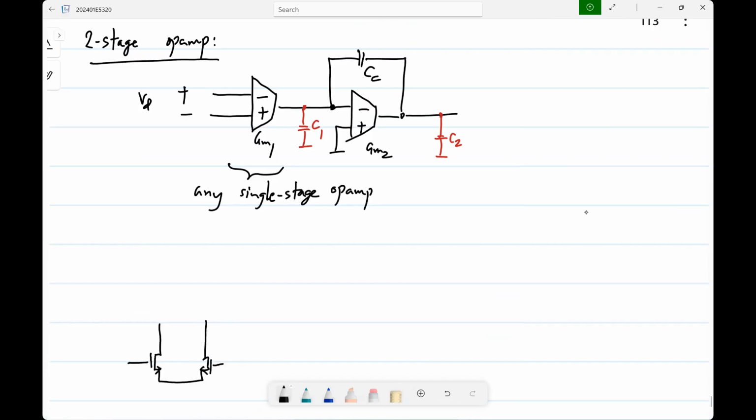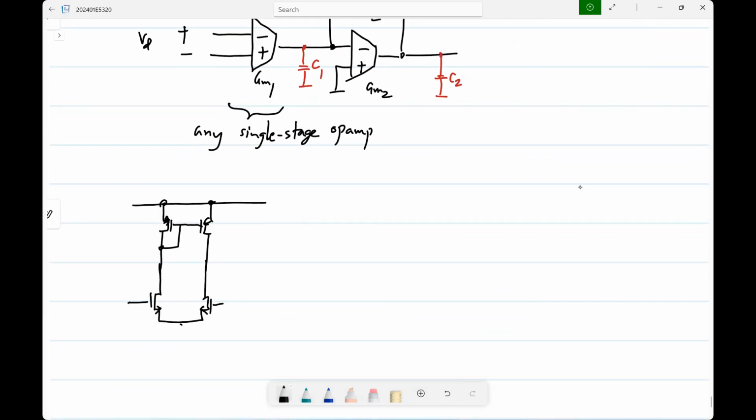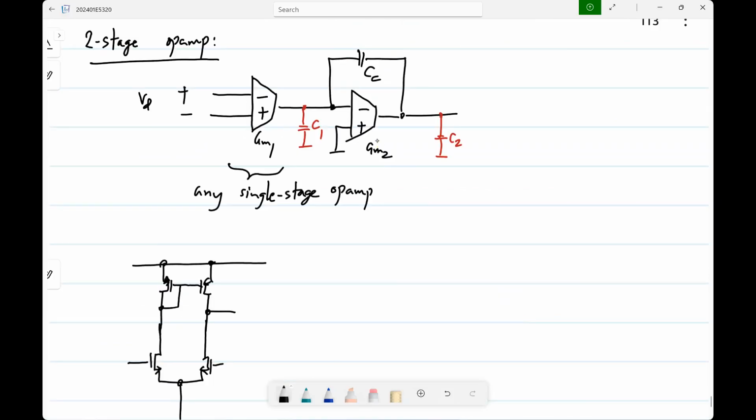But of course, don't get confused if you see a PMOS differential pair. Okay, this is GM1.